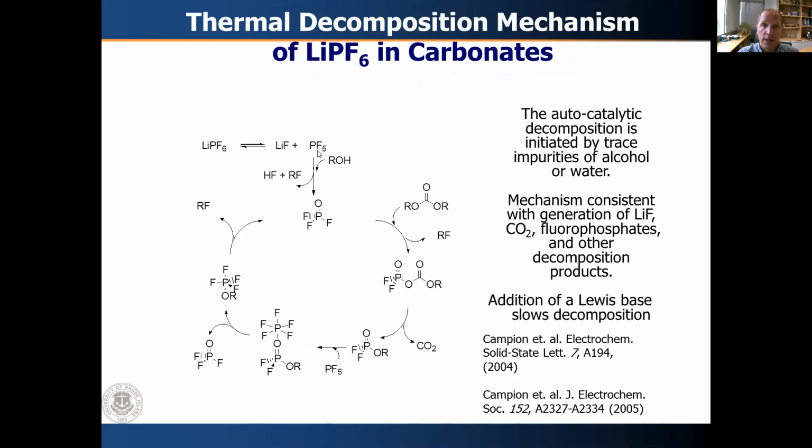The initial generation of PF5 can initiate an autocatalytic decomposition mechanism, as we've already stated, which can generate high concentrations of phosphorus oxyfluoride. This phosphorus oxyfluoride is also a very strong Lewis acid, which can cause decomposition reactions in the electrolyte and at the surface of the electrodes.